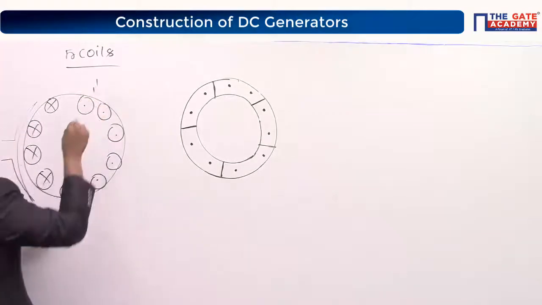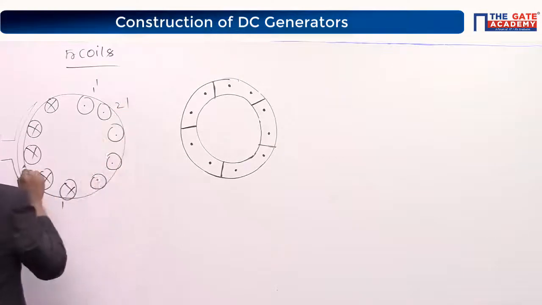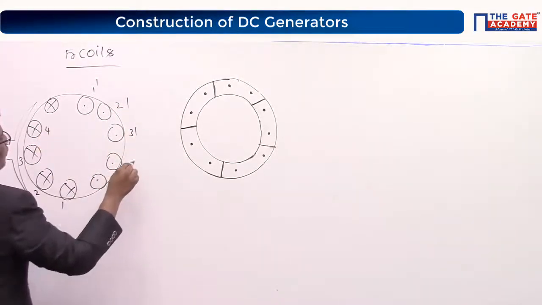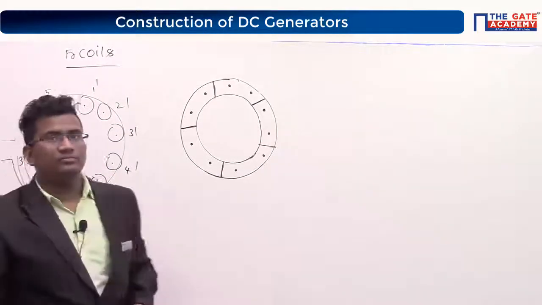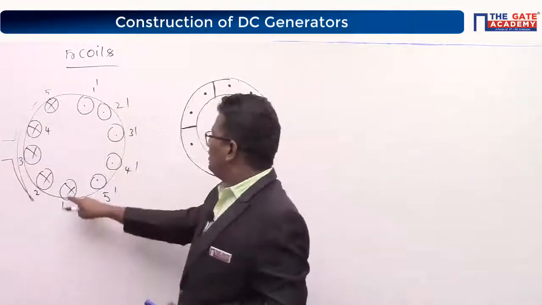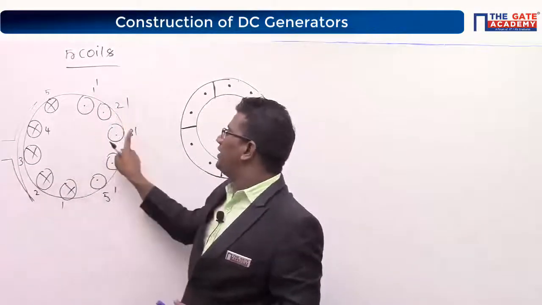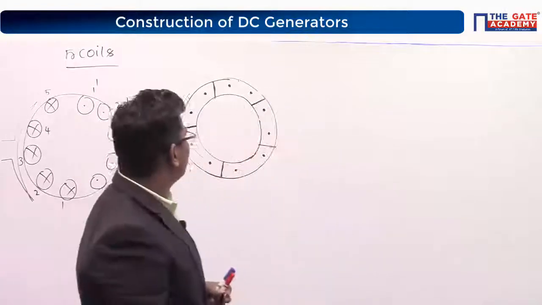Can I say this is 1 dash? Next 2, 2 dash, 3, 3 dash, 4, 4 dash, 5, 5 dash. Is it correct? I hope you understand. Is it clear? Yes.